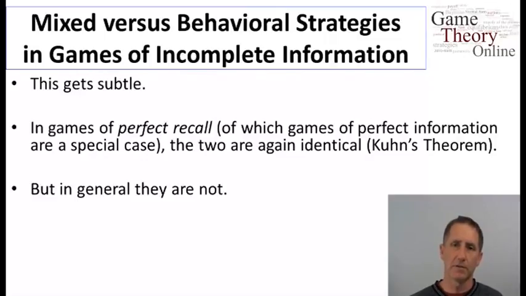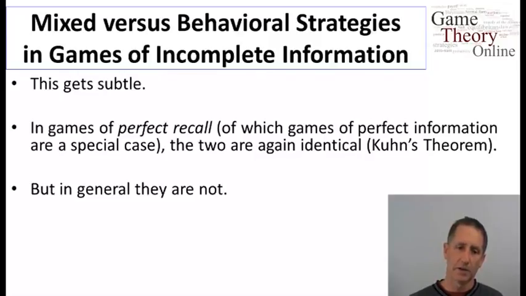That is, the set of information sets and what was done until it got to where it is right now. In such games, again, the expressive power of behavioral strategies and mixed strategies is identical. But in games of imperfect recall, that is no longer the case.